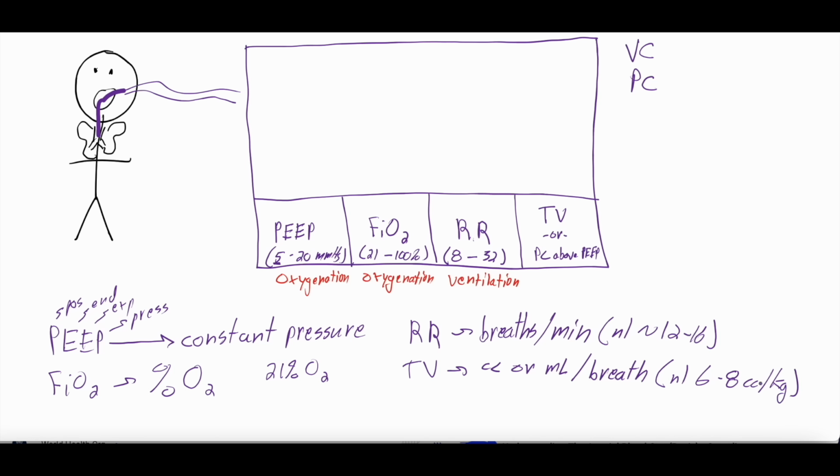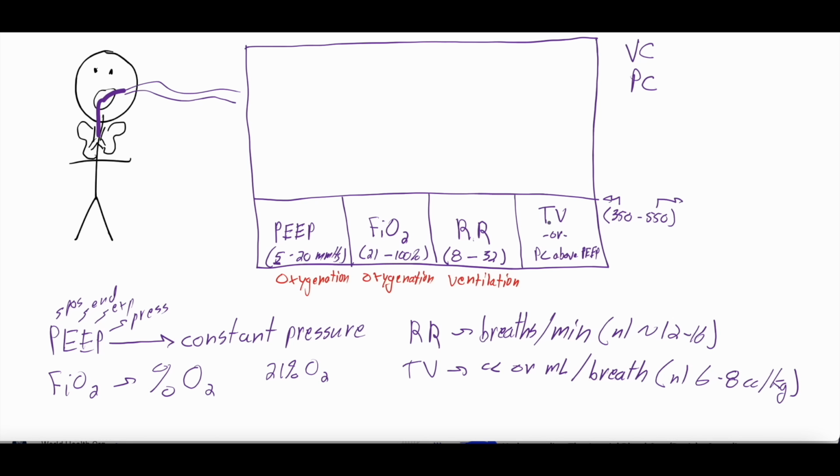So ideal body weight is based on a person's height rather than their actual body weight. So let's just say you set this to, it's really dependent on how tall someone is, but for the sake of generalities, 350 to 550. Most people are going to fall within that realm. Some who are super short might be less than that. Some who are super tall might be more than that. But the tidal volume is the cc's or milliliters of air you're getting per breath on the ventilator.